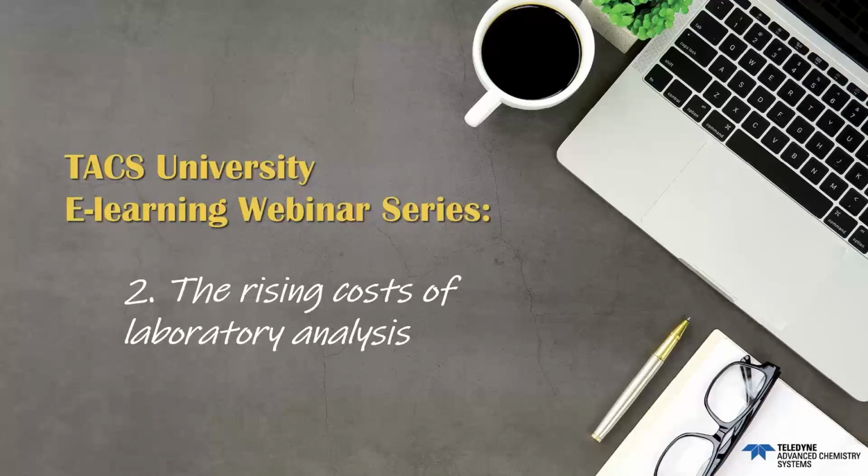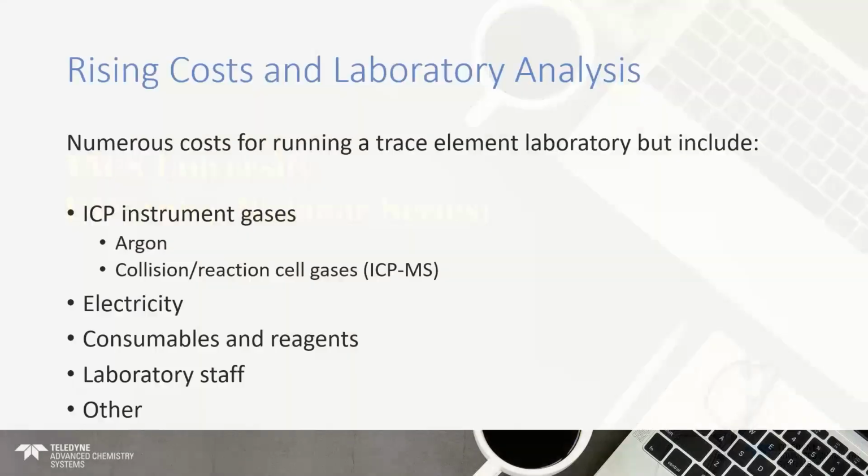Rising costs of laboratory analysis. This is something which has become more and more prominent, and this is the kind of thing that we're having more discussions with customers regarding just how much it costs to run laboratories and the cost of operation per sample. So for a trace element laboratory, one of the key consumables, one of the key areas of cost is the operating gases for your ICP instruments.